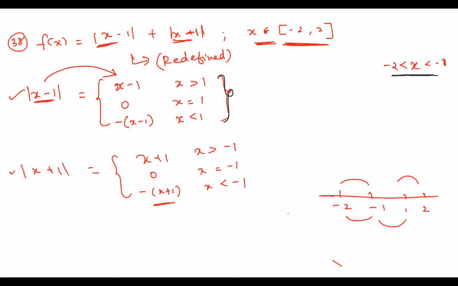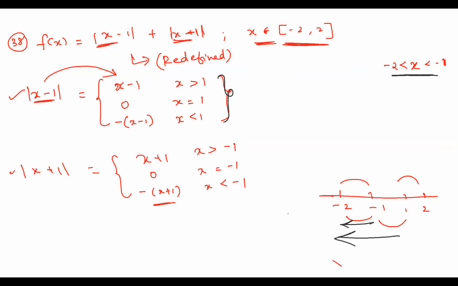Look at the values here: x greater than 1, x equal to 1, x less than 1. Which one should I take? I should take x less than 1. You know, x less than 1 is on the negative side. Minus 2 to minus 1 is there here. So what is the common area? Minus 2 to minus 1.